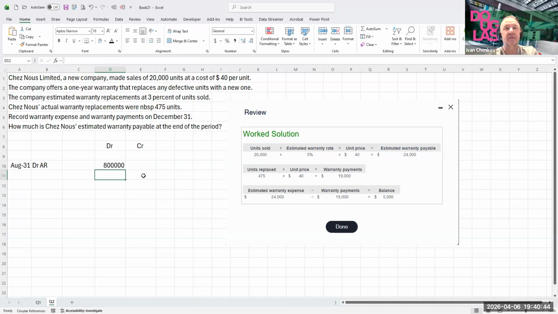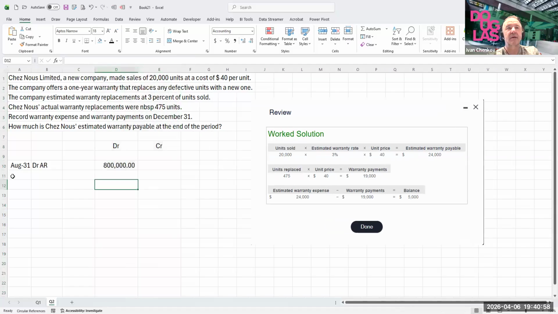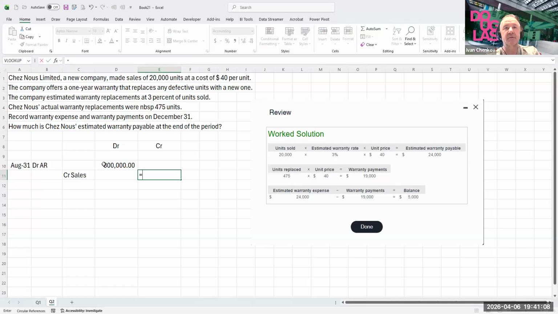That will be $800,000, which will be our sales. Again, the date is chosen randomly. It's not related to the year end, nothing like that. And then we have credit sales, which is exactly the same amount, $800,000.